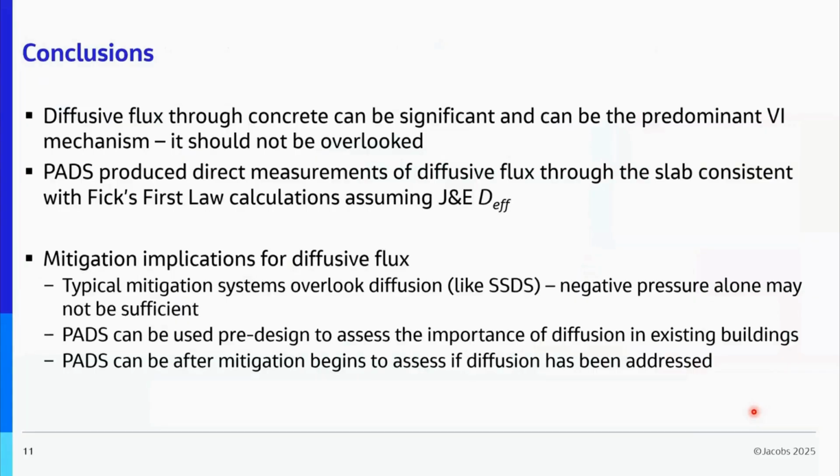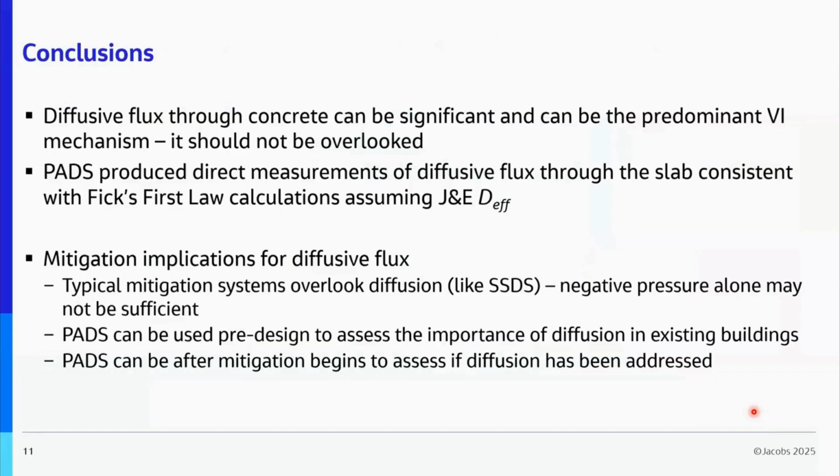So overall conclusions: you can't overlook diffusion. You really have to take a close look at it. Depending on your building, it might be more significant than you might think. The little pads were quite effective at measuring the flux, and it does appear that they're measuring what we expect to come through.